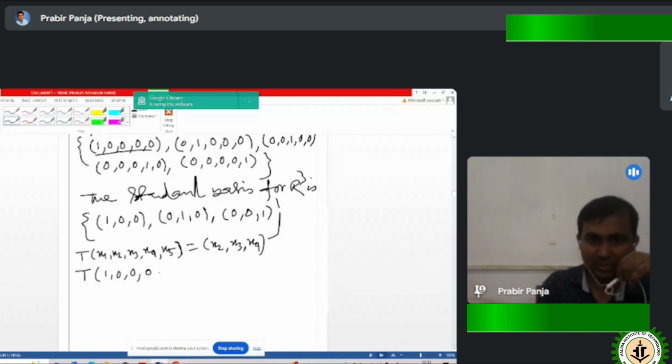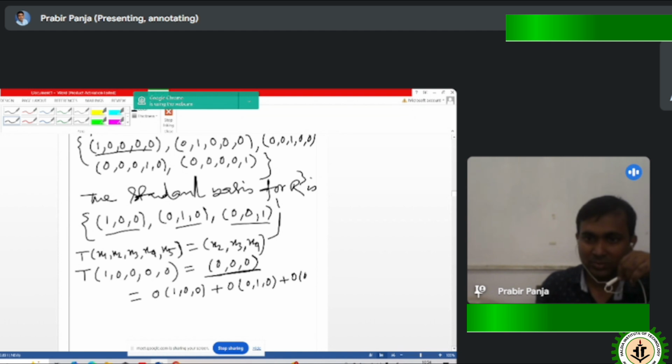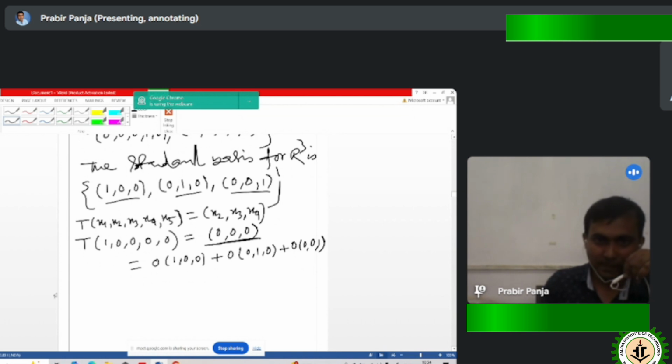Its image under this transformation will be 0 0 0. Again, you have to write this 0 0 0 as a linear combination of the standard basis of R3. So it will be equal to 0 into 1 0 0 plus 0 into 0 1 0 plus 0 into 0 0 1.